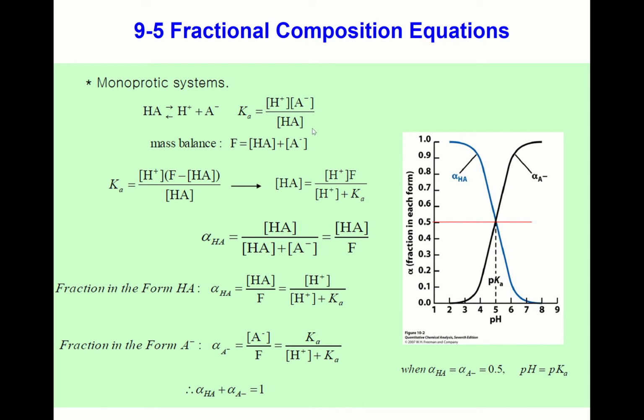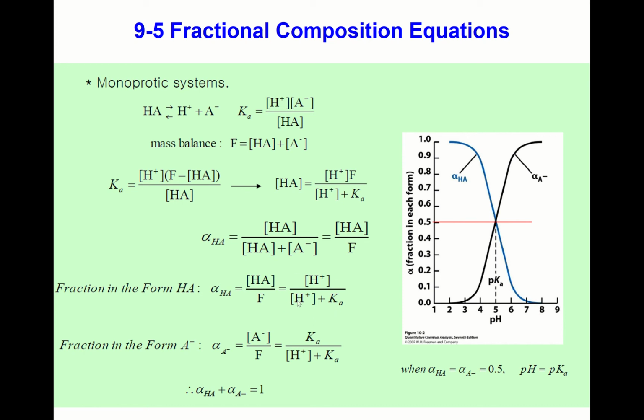Again, to compare how much the acid is dissociated at a given pH, we have to calculate the fractional composition. The fractional composition of the undissociated form is simply given by this equation.